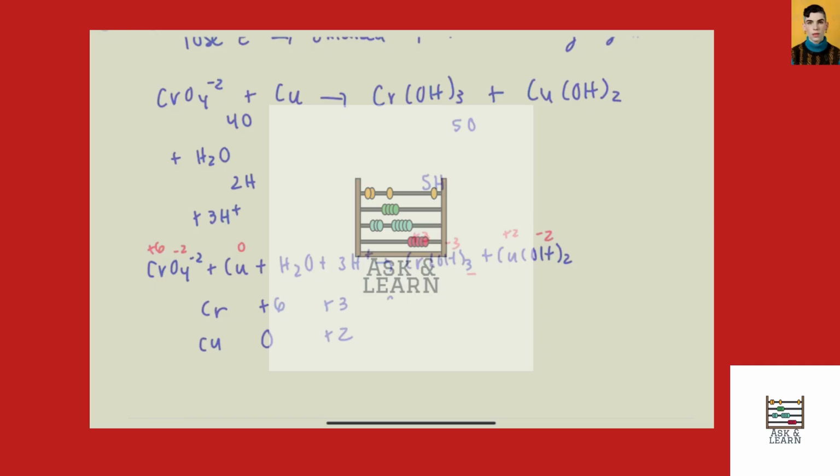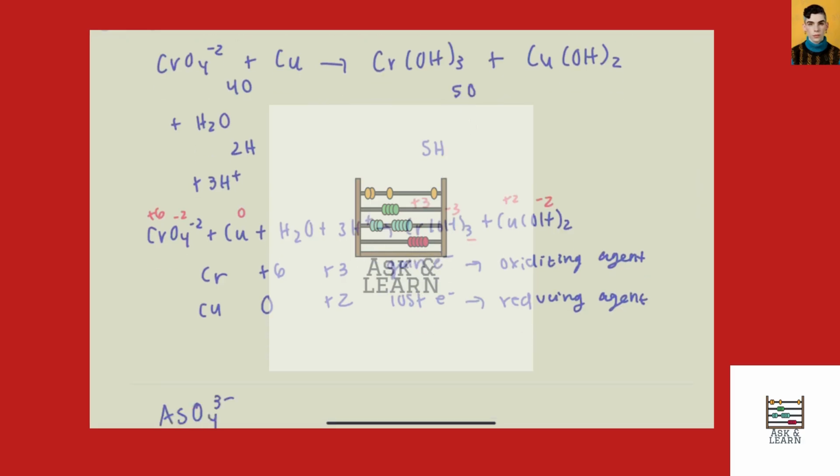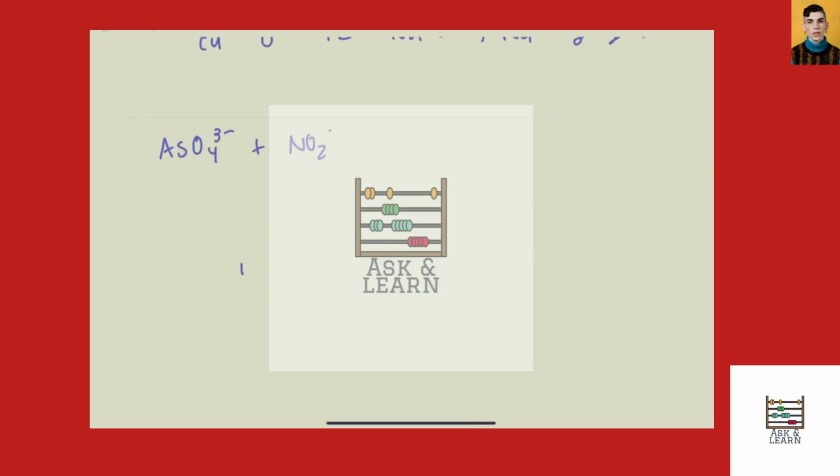So chromium gained electrons, so that means that it's going to be our oxidizing agent. And copper lost electrons, so it is the reducing agent.